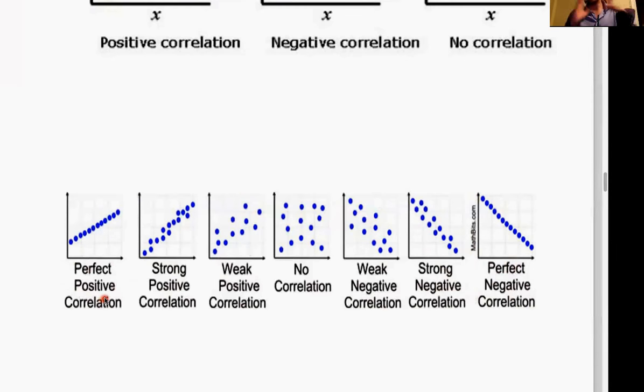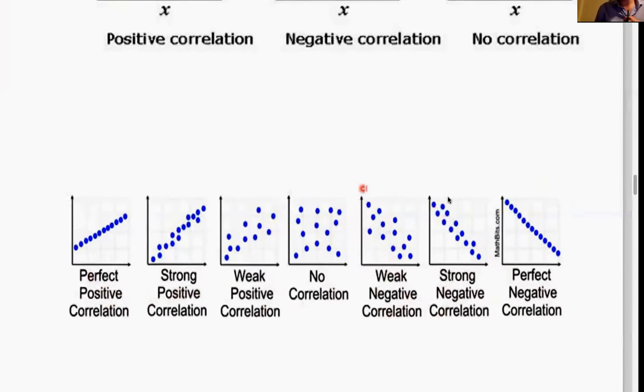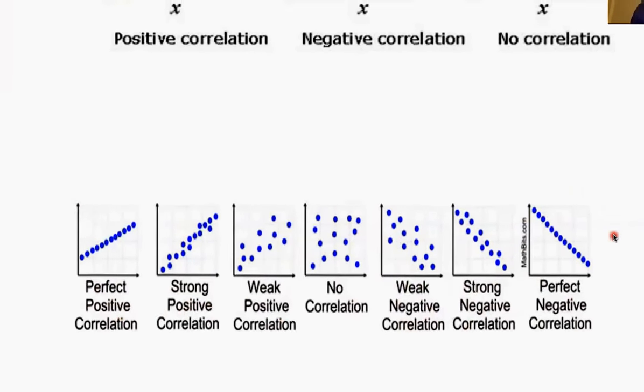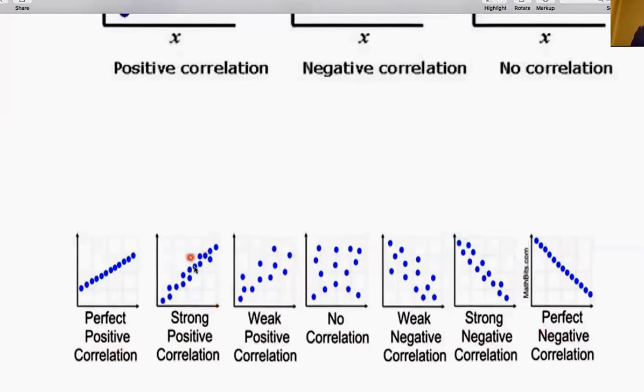Weaker ones, there's more noise. If you've ever read Nate Silver's book, The Signal and the Noise, perfect positive and perfect negative correlations have all signal and no noise. The noisiest is when there's no correlation, and weak correlations have more noise. So the noise goes from outward to inward, and then you go from positive to nothing to negative. So this is what correlation does that covariance cannot.